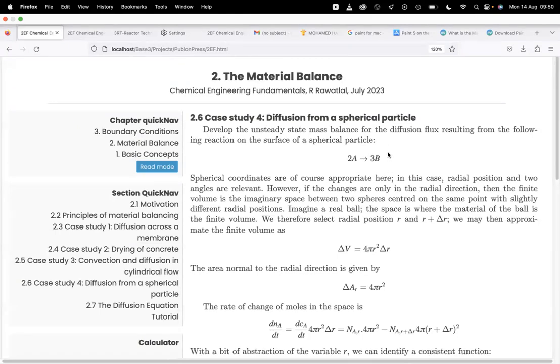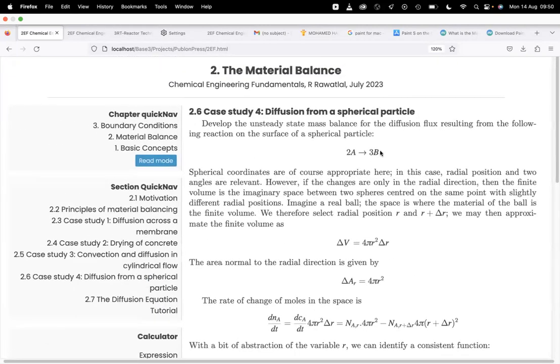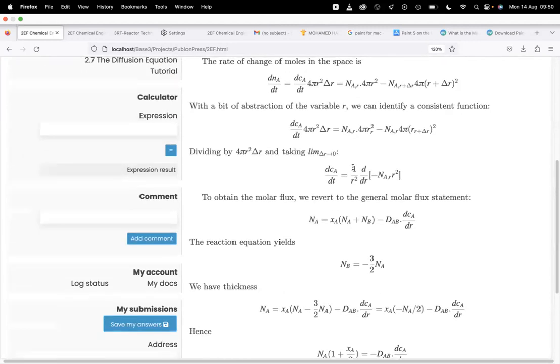So the magnitude of the molar flux of B is greater than the magnitude of the molar flux of A. We get 3 times B divided by 2 times A. So we can say the molar flux of B is 3 divided by 2 times the molar flux of A, and we include a minus sign because these are fluxes in the opposite direction.